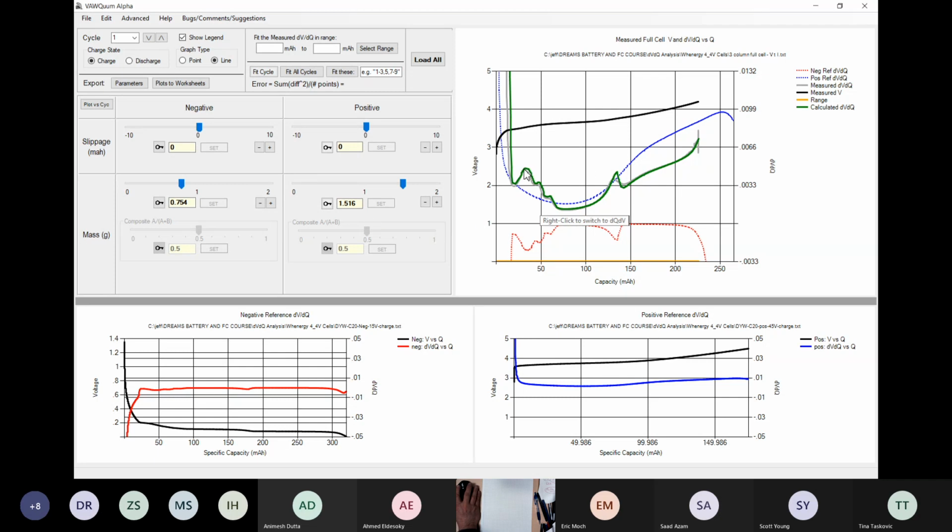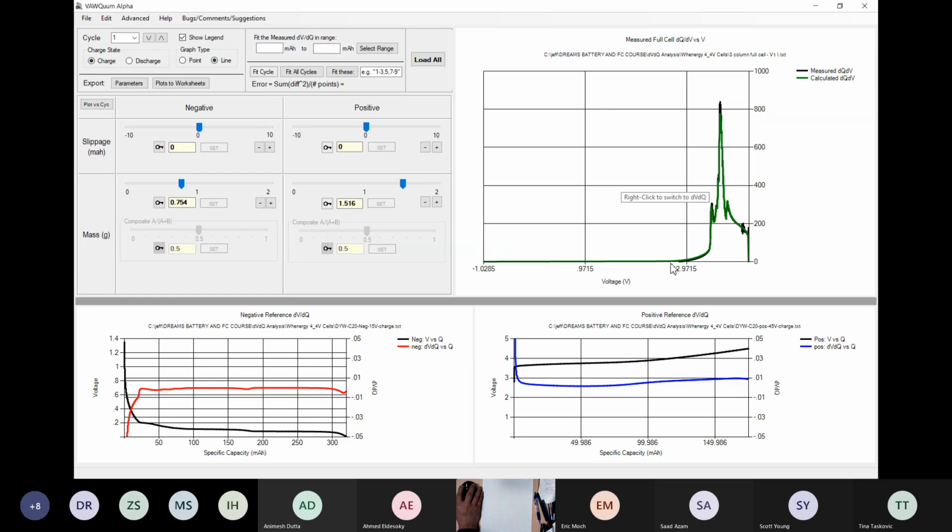And this fit is okay, and you can make it better by using the automated fitting. We'll do that in a minute. I just want to show you one other thing. So you should make sure that not only does dVdq versus Q fit well, you can plot dQdV versus V and make sure that it's fine.